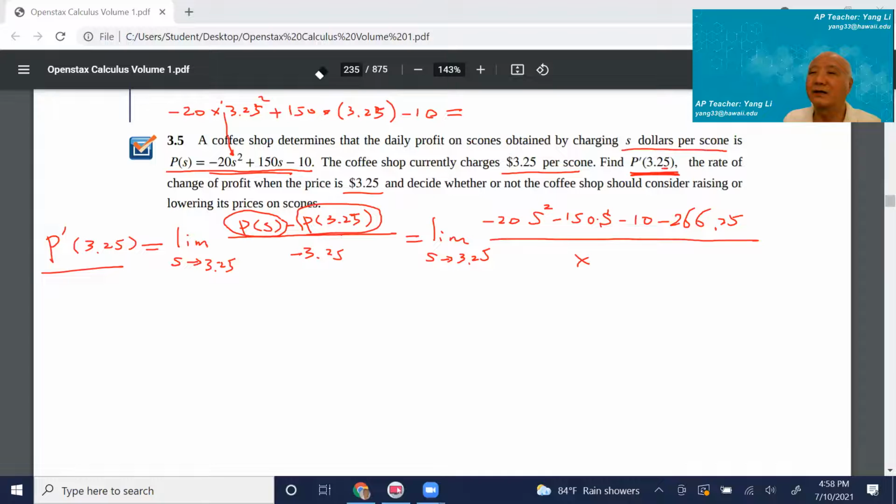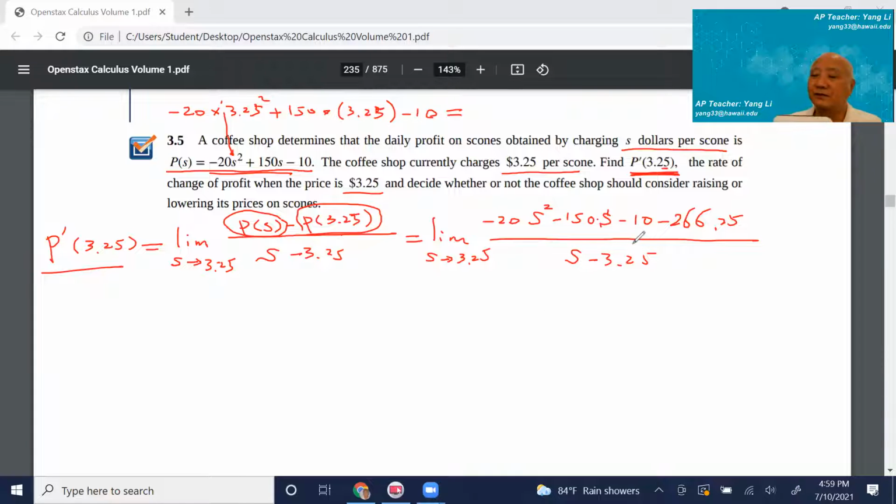And then divided by X, oh, this is S actually. So this one should be letter S, okay? So make sure it matches with the question. So this is S minus 3.25 like this, right? And then you can simplify a little bit more.